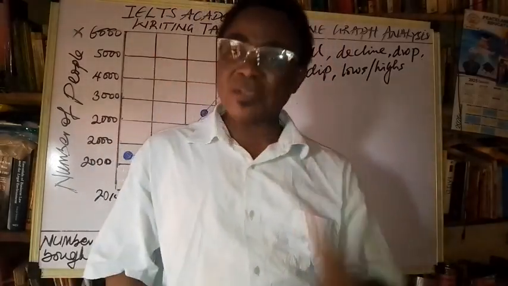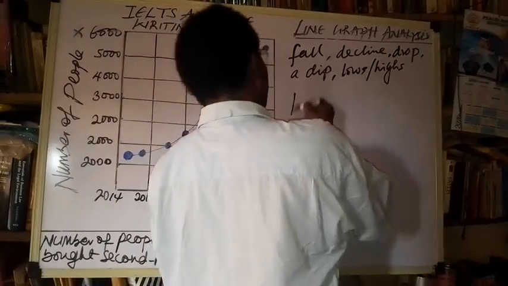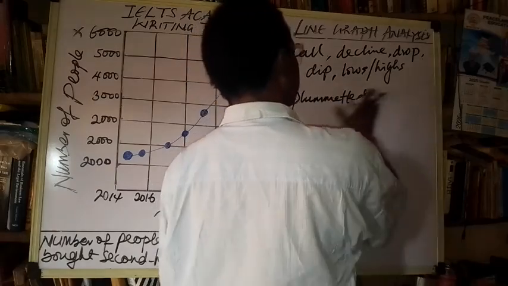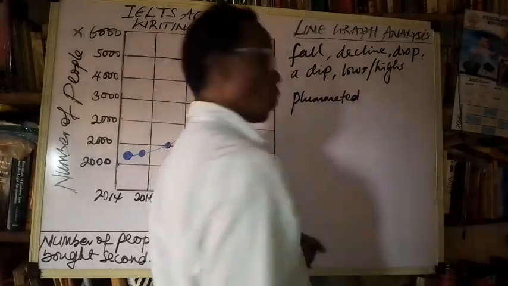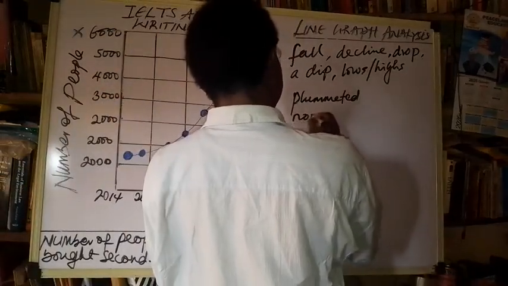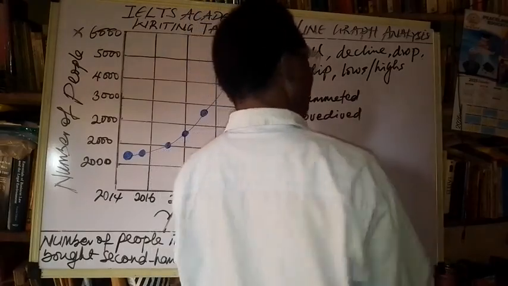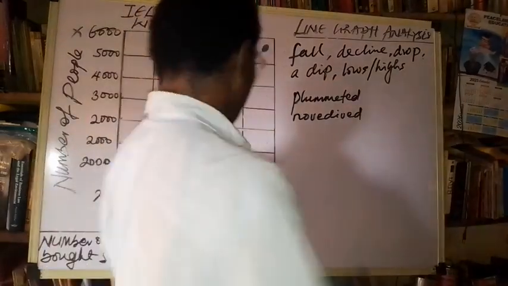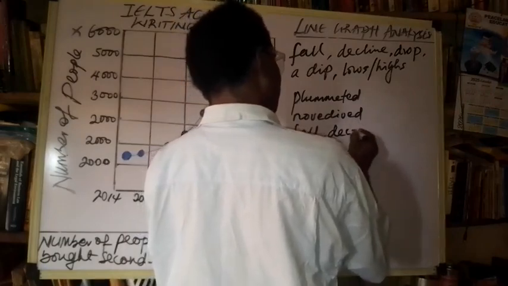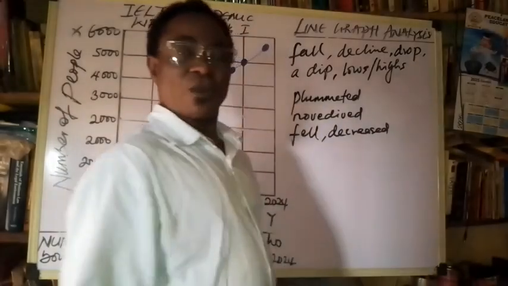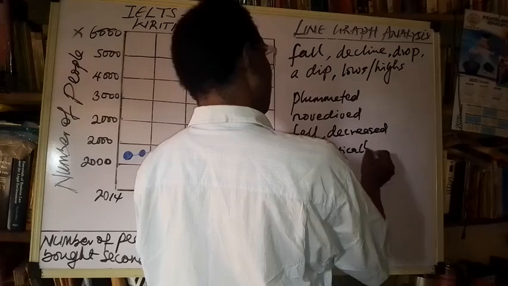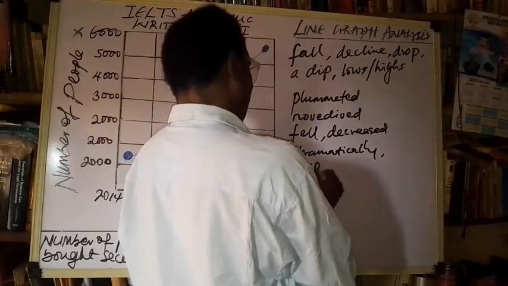And if the drop was very much, you could say that it plummeted. Quantities or numbers plummeted, nosedived, values nosedived, fell, decreased, fell or decreased dramatically, exponentially.